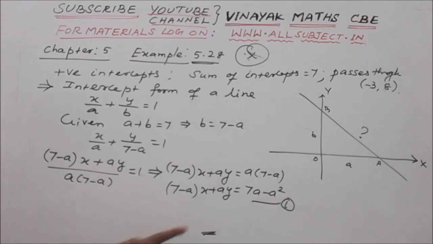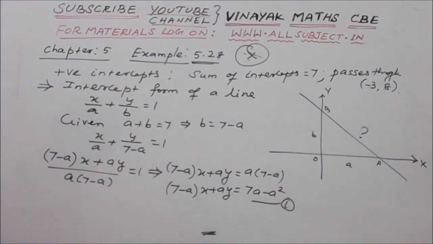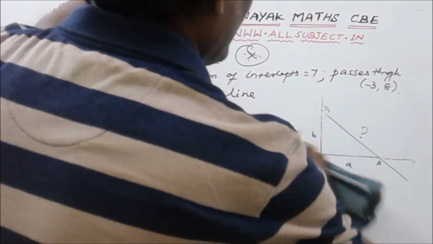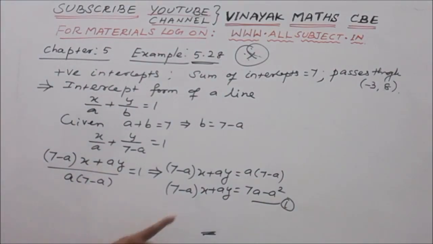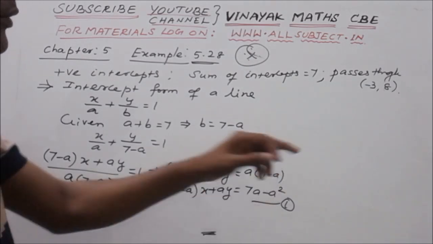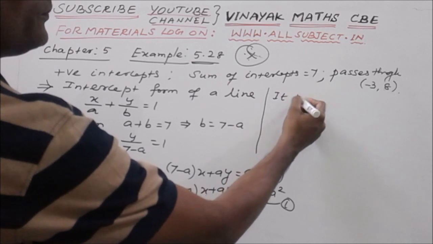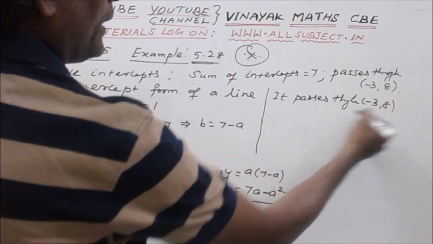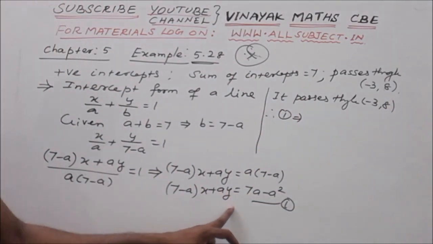Given that the required line passes through minus 3, 8, substitute minus 3 for x and 8 for y in equation number 1.